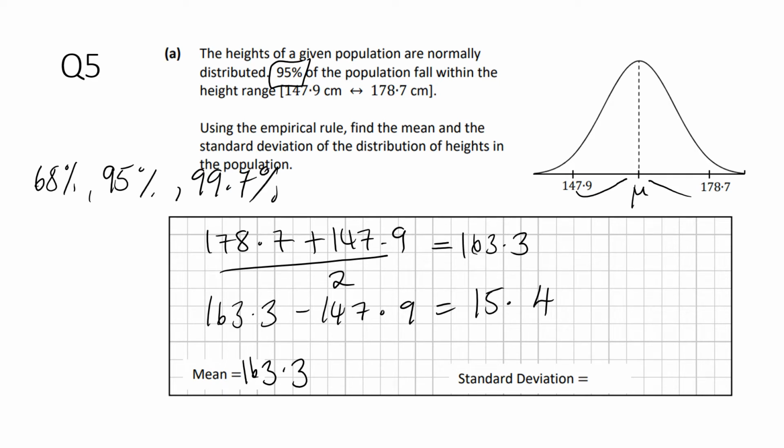Remember that the 99.7% is 3 standard deviations away, the 95% is 2 standard deviations away, and the 68% is 1 standard deviation away. So the fact that it's 95% means that it's 2 standard deviations. So if you divide 15.4 by 2, you get 7.7, and that's your standard deviation.